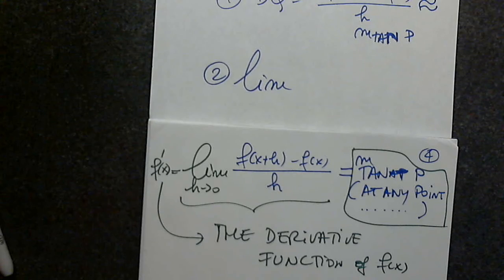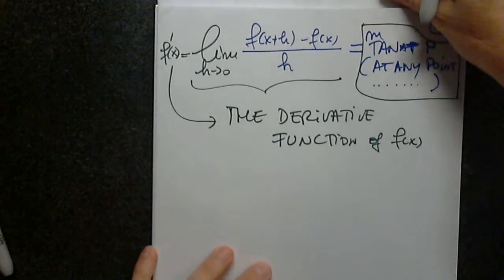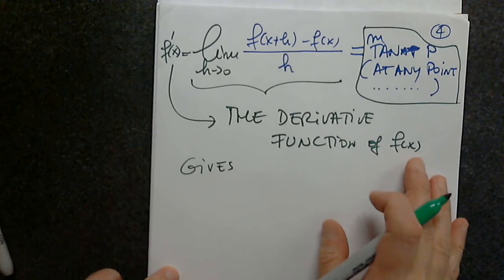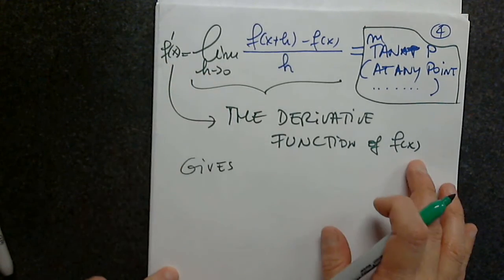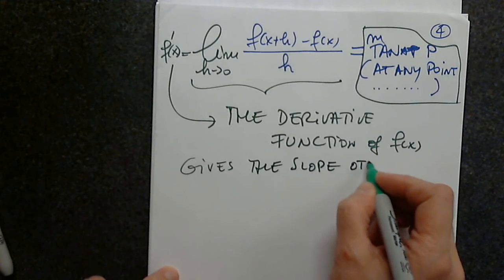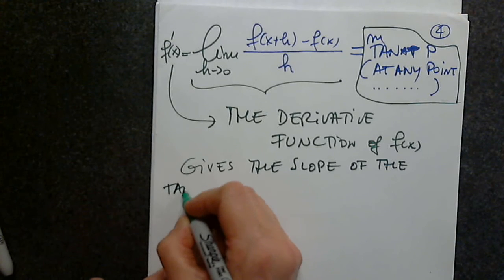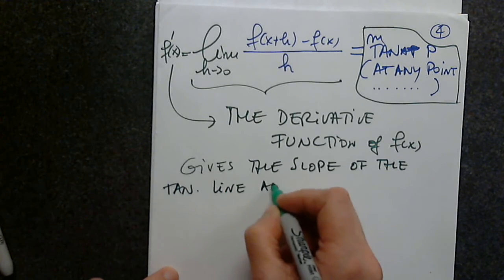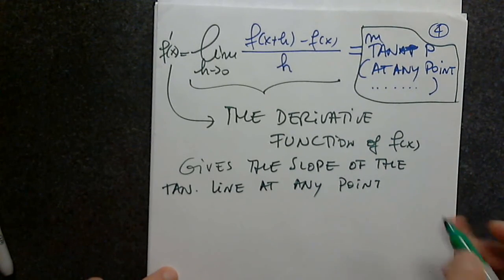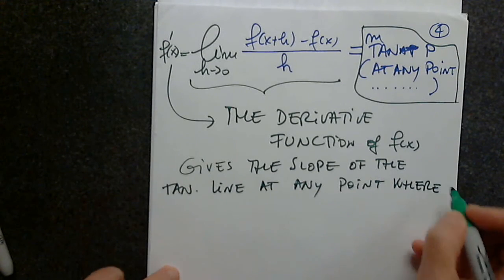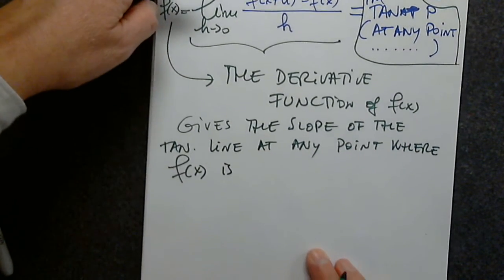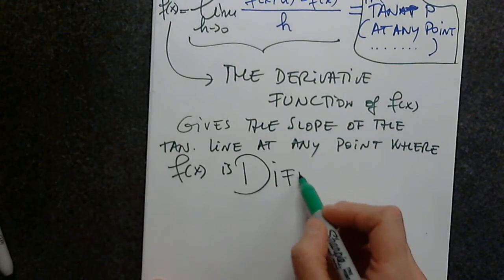But what does this mean? Here's what it means. The derivative of this function, f prime of x, is a function, the derivative of this function f of x, and it gives the slope of the tangent line at any point. And now I'm triggering this gap, where f of x is, I have never used this word before in this class, differentiable.